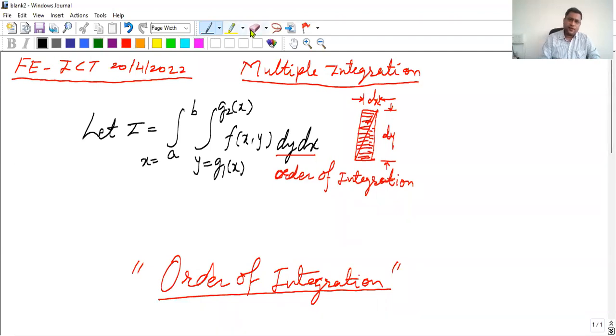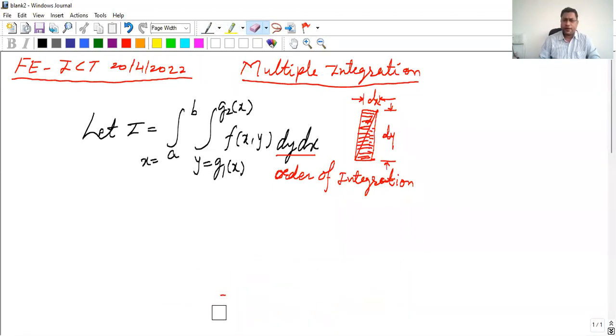So in this integral, the order of integration is dy dx, and the strip under consideration is the vertical strip. This happens because in the limit we have the x variable, so we have to integrate the y variable first.